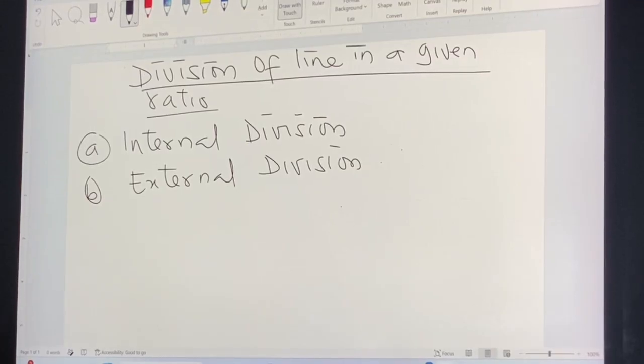Internal division is the point that lies between the two endpoints of the line segment. I will explain, please write. So what does it mean here?